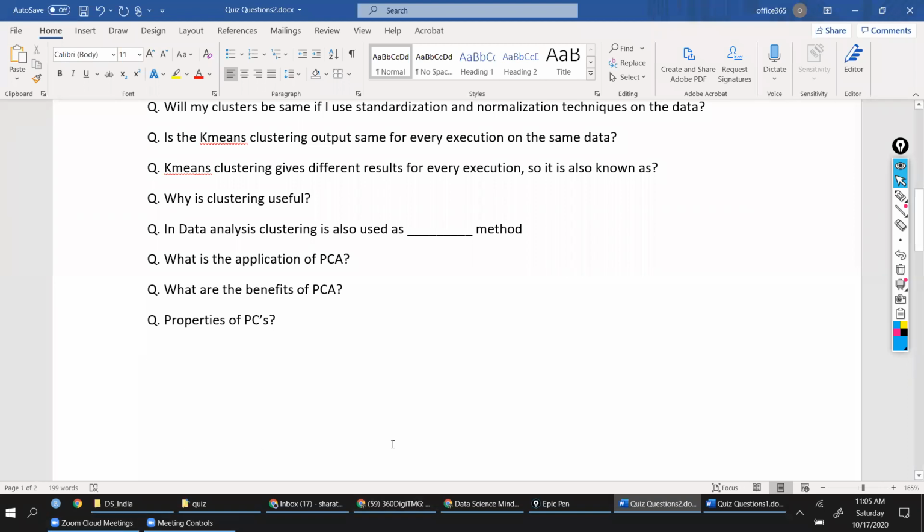Now, let's talk about another question. What is the equation of SVD? Let's see how many of you answer. Okay, very good.